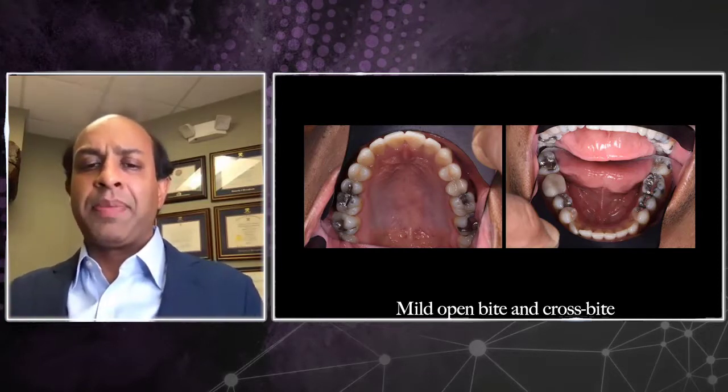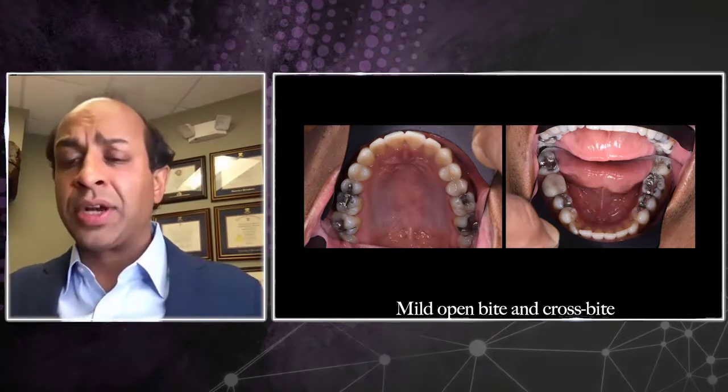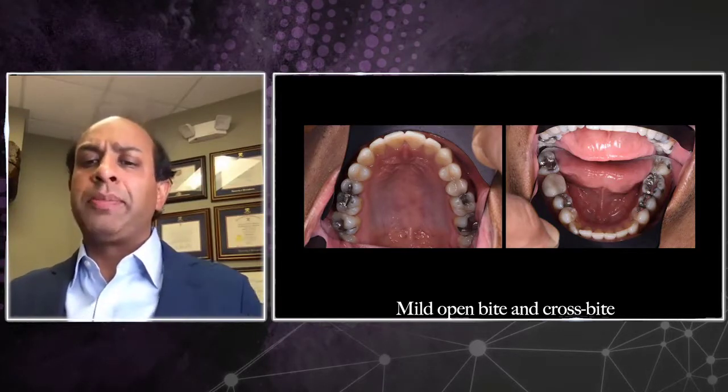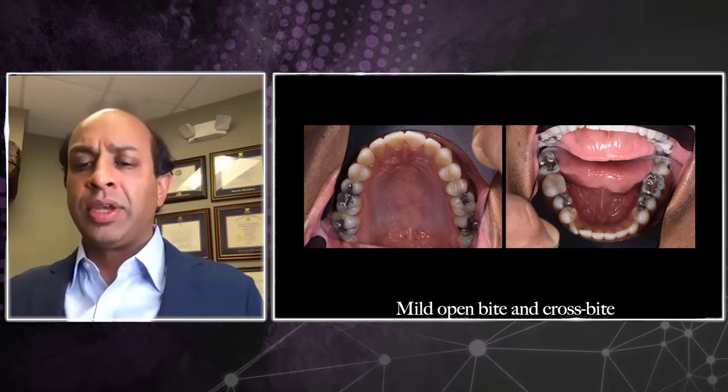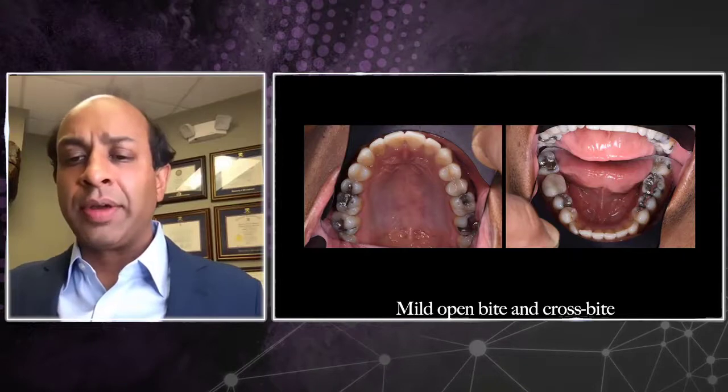By tucking that back in, we're not only going to be helping to correct that crossbite, we're also going to be putting that tooth in a more favorable position with the underlying attachment apparatus, which is going to be the gingiva, the dental alveolar bone, and the basal bone.